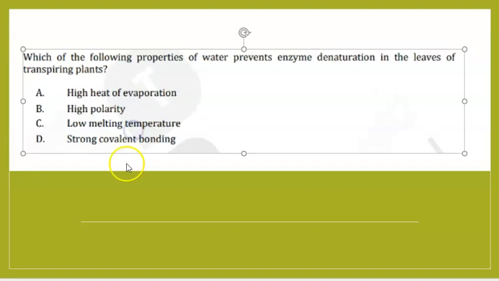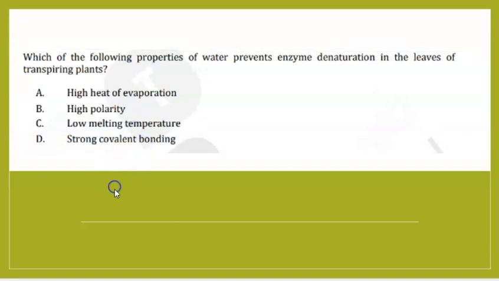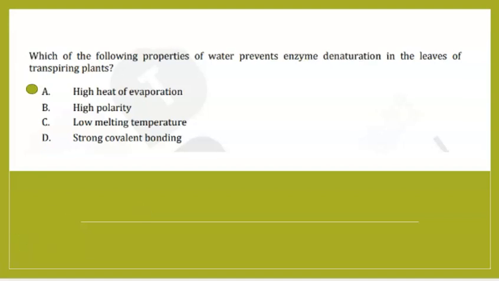High polarity, nothing to do with temperature, nothing to do with damaging the enzymes, right? The only answer you have which is suitable here is the high heat of evaporation, which is your high specific heat that we talked about earlier. It actually helps prevent the enzyme denaturation. So your answer here would be high heat of evaporation.